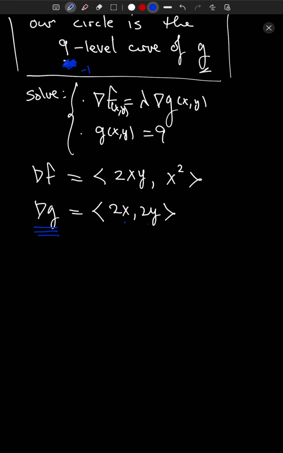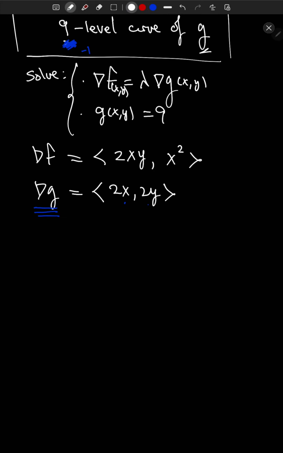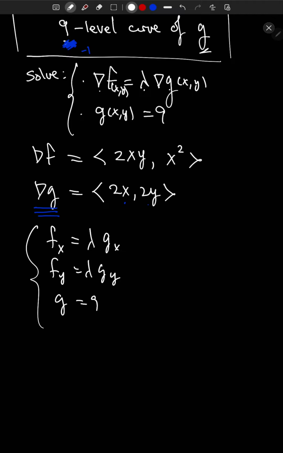All right, so what are the equations that we actually need to solve? We need to solve gradient f equals lambda gradient g. So that means f sub x equals lambda g sub x, f sub y equals lambda g sub y, and again, g equals 9. Just in shorthand, that's what we need to solve.